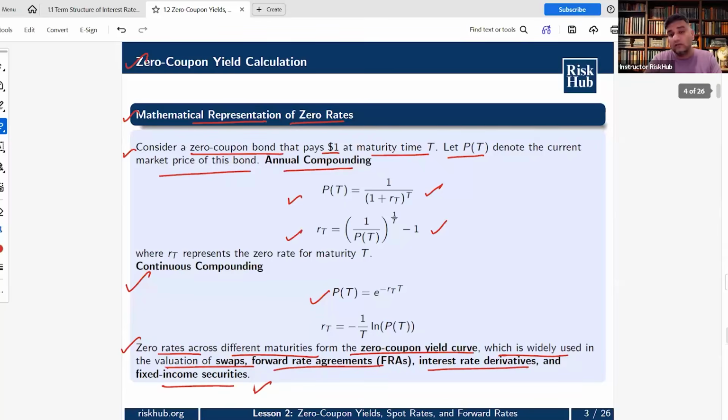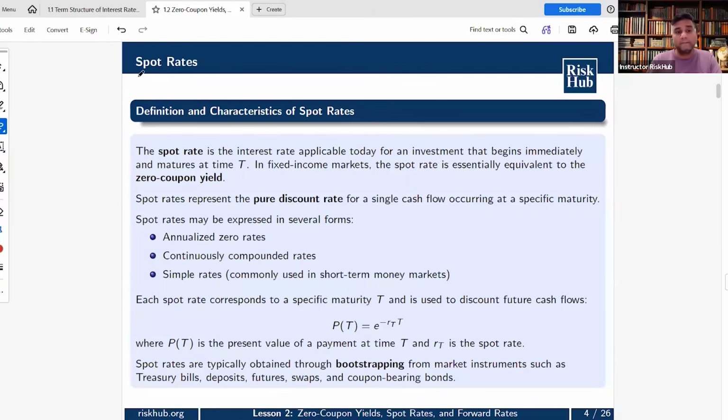Okay. Then we get into the next part, which is spot rate. Definition and characteristics of spot rate. The spot rate is the interest rate applicable today for an investment that begins immediately and matures at time T. In the fixed income market, the spot rate is essentially equivalent to the zero coupon yield. Spot rate represents the pure discount rate for a single cash flow with a specific maturity.